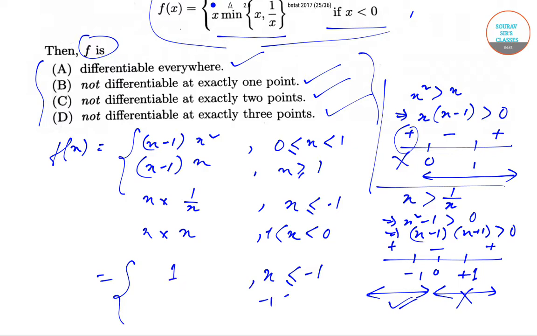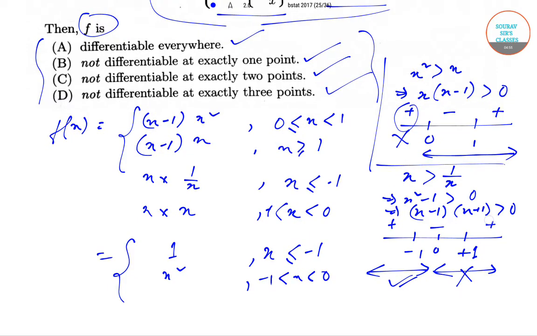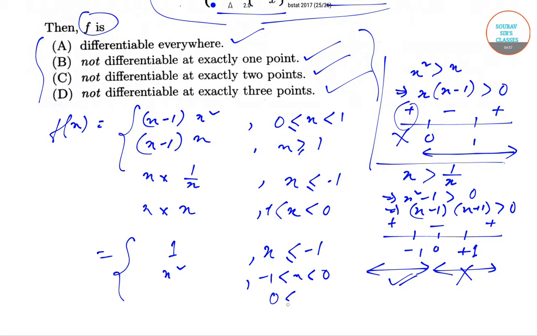If x lies between minus 1 and 0, then f of x is equal to x square. If x lies between 0 and 1, then this is given by x minus 1 into x square. And if x is greater than or equal to 1, then this is given by x minus 1 into x.